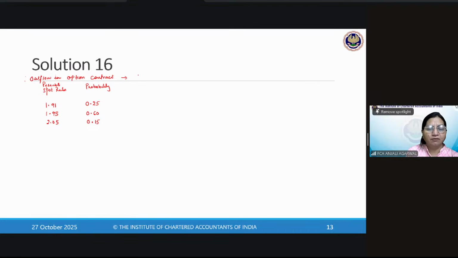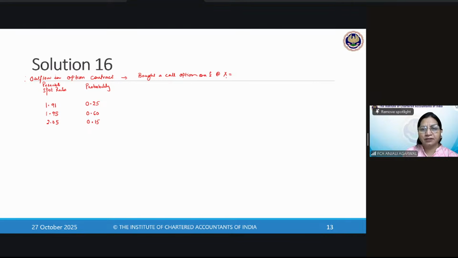For hedging, what the person has done, he has bought a call option on pounds at a strike price.